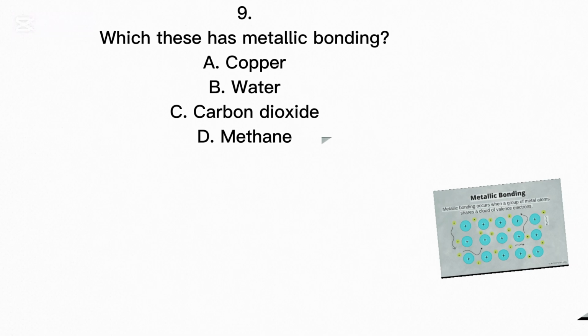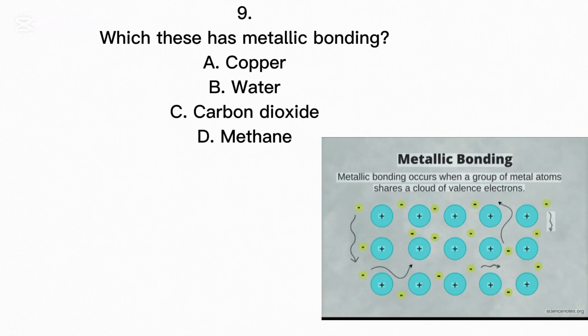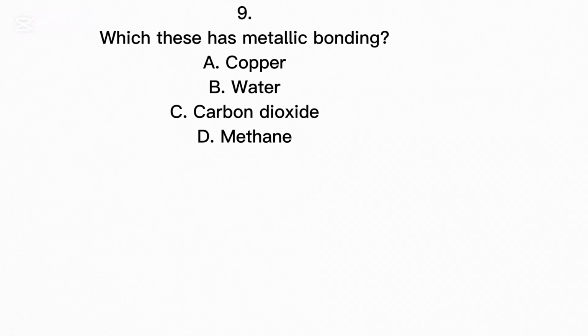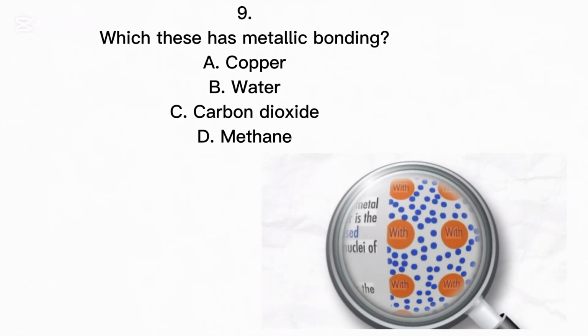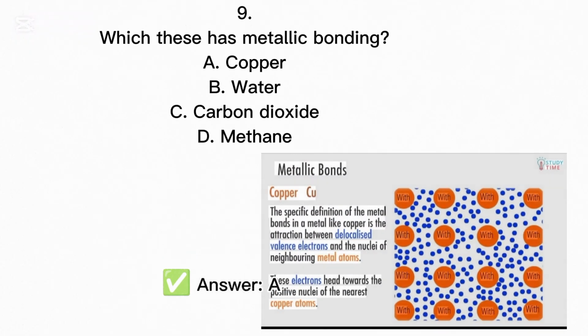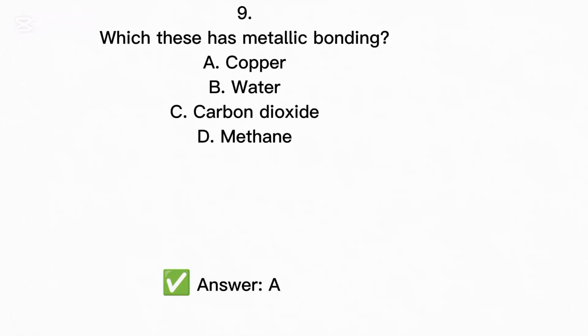Metallic comes from the word metal. It's metal-like. So now, in these four options, which of the options is a metal? So we get to understand that option A, which is copper, is a metal. So copper is the correct answer. There's no way water is a metallic bond, no carbon dioxide, not even methane. So the correct answer there is A.